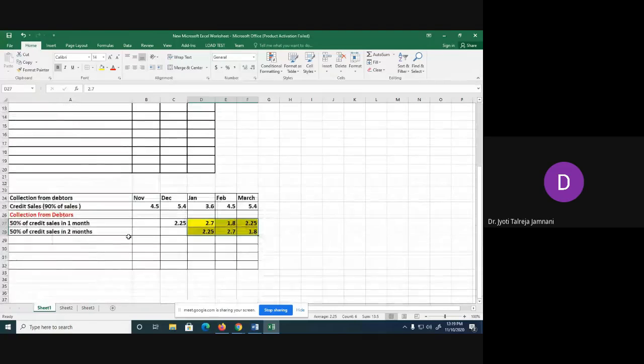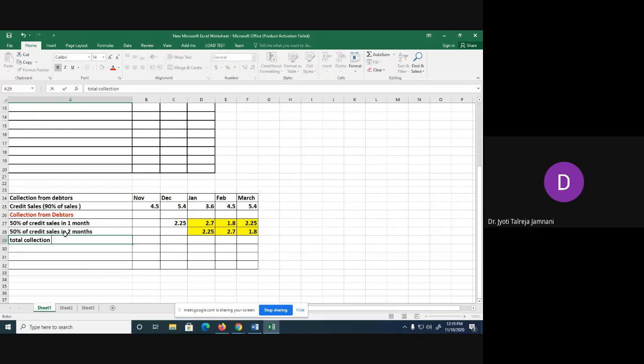So we will total here. Total collection from debtors. We'll add this. We will get the collection amount. And this amount we will take under cash receipts as collection from debtors.